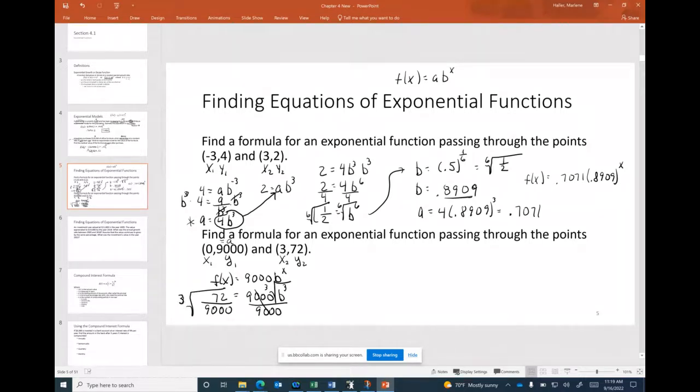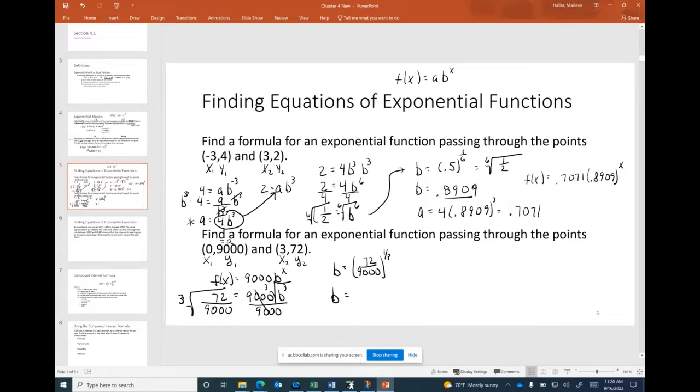Right? So our B here, it's going to be 72 divided by 9,000 raised to the 1/3 power. That's the same as the cubed root, right? Let's put that in the calculator and see what that is.